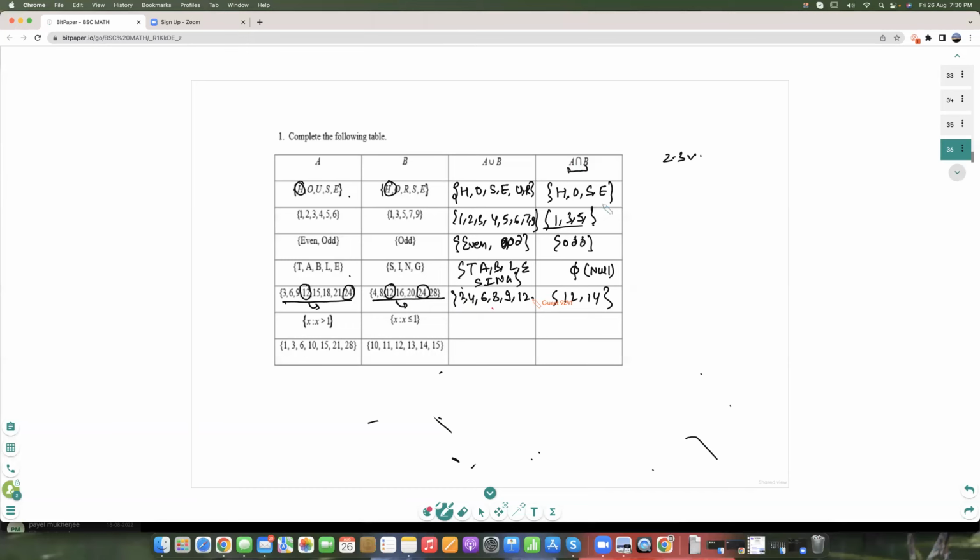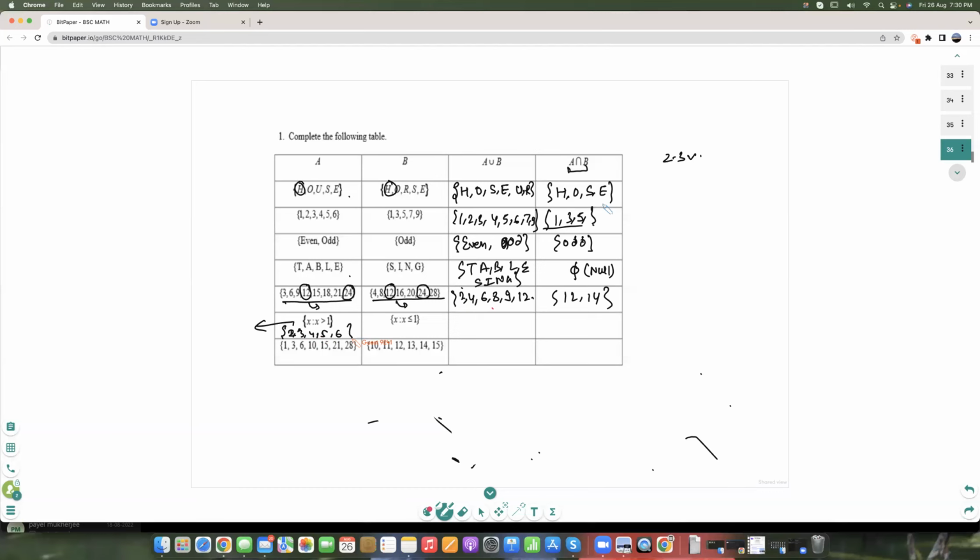Okay, the next one is important. What is this saying? This is saying x is such that x is greater than 1. So you can write it in this form as well: 2, 3, 4, 5. But it doesn't say whether x is an integer or a real number, or a whole number, or a natural number.